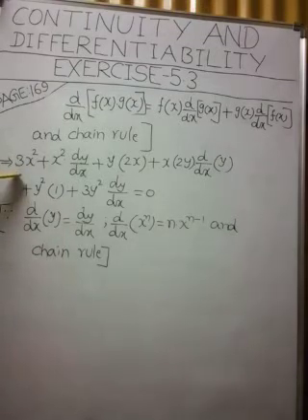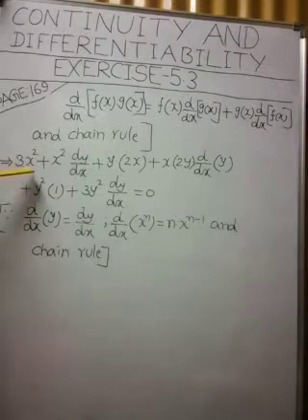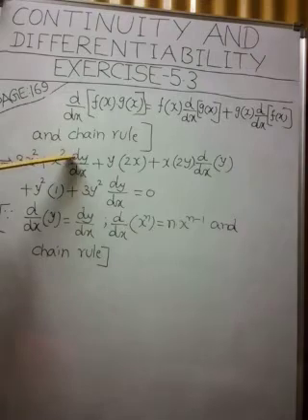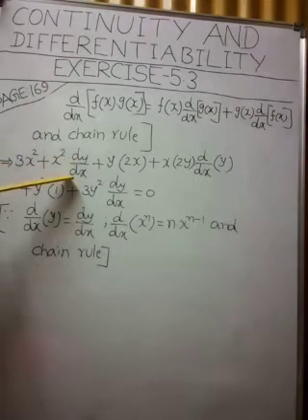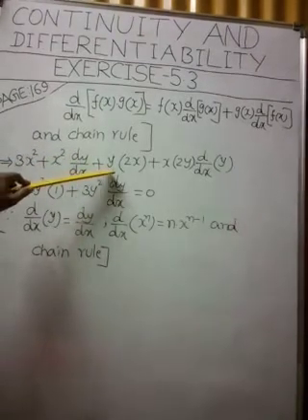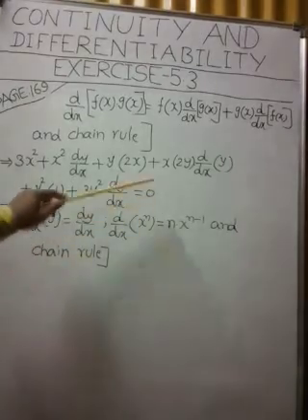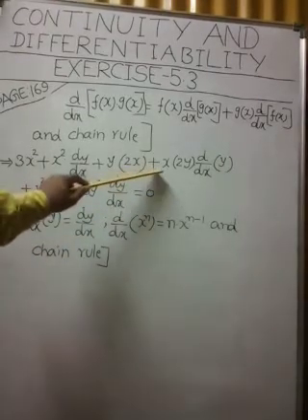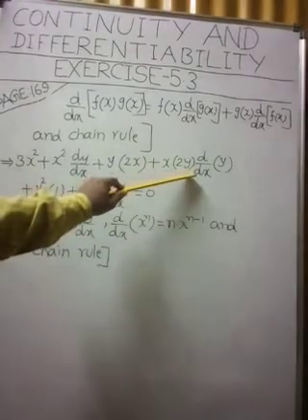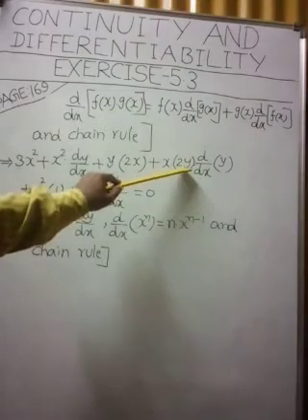Next we write, first term we write as it is, 3x square, plus x square into d by dx of y, which means we get dy by dx, plus y into d by dx of x square. What do you get? 2x. Here x power n formula, d by dx of x power n formula, plus x into here d by dx of y square. What do you get? 2y.